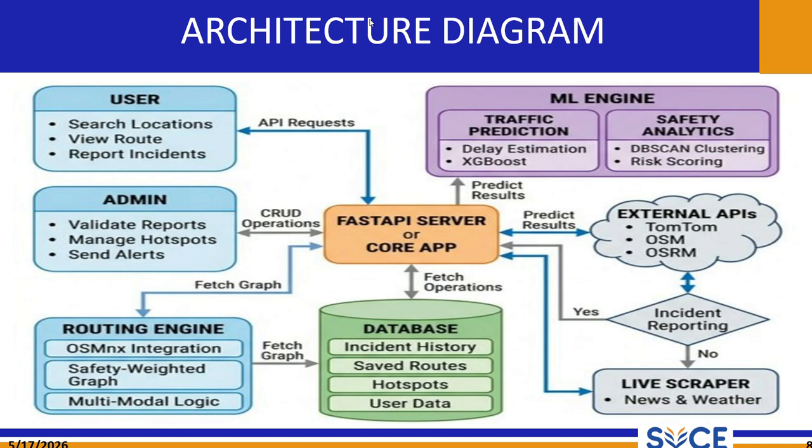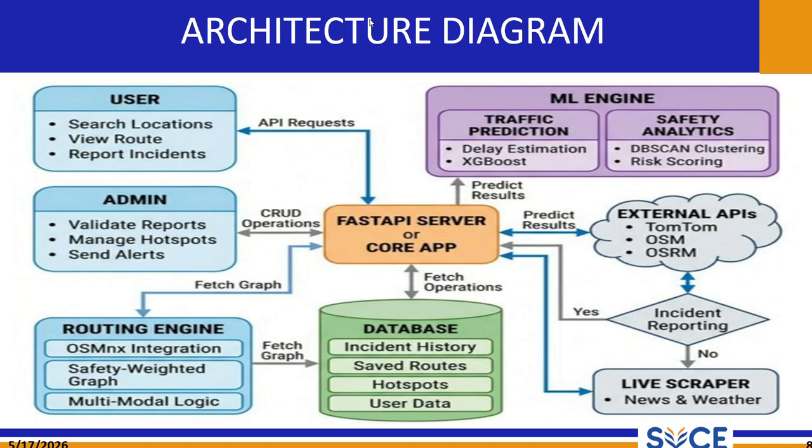In safety analytics, we use DBSCAN clustering to identify accident hotspots and calculate risk scores for routes. In external APIs, we use real-time data from three sources: TomTom API for live traffic conditions, OpenStreetMap for road networks and bus stop locations, and OSRM for route calculation.